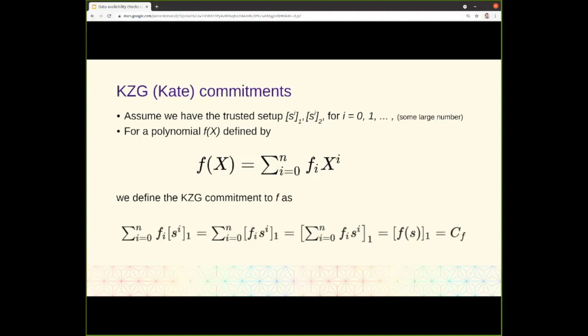Then we can pull the whole sum inside the bracket. So we see that the KZG commitment is f evaluated at s, but inside the elliptic curve. We can't actually compute f of s because we don't know what s is, but we can compute that value as an elliptic curve element.